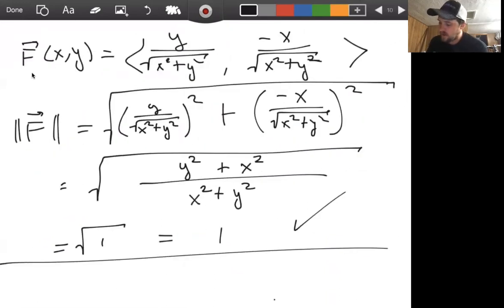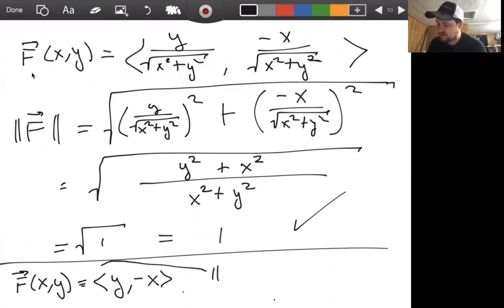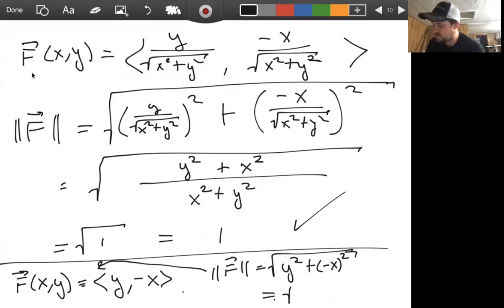Well, let's look back at what f of x, y was originally. This was y, negative x. What was the magnitude of this? The magnitude of f was root y squared plus negative x squared, which is root x squared plus y squared. And so we know we can find unit vectors by dividing by the magnitude.